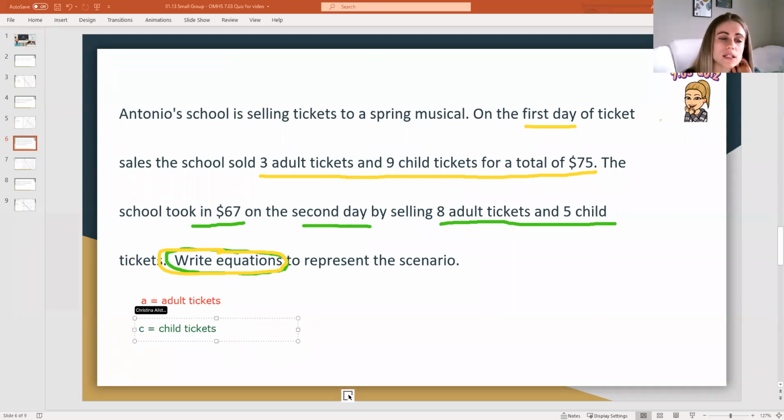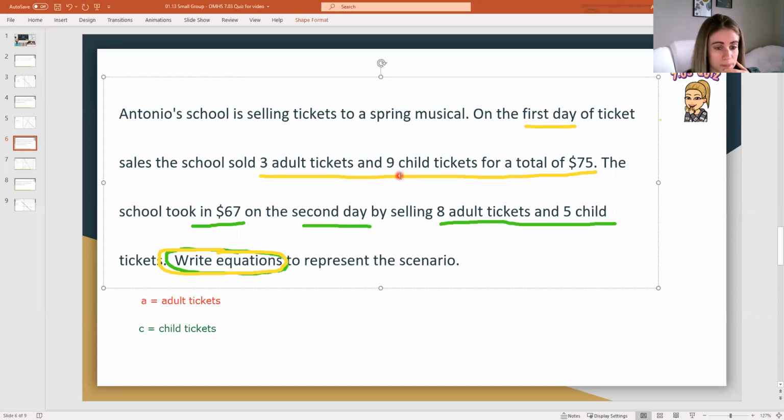All right, now let's go back and read and see what kind of information I'm given to help me know, is this the number of tickets or the price? I see that they sold 3 adult tickets and 9 child. And then they sold 8 and 5. Well, that means I know how many they sold, but I don't know the individual prices.